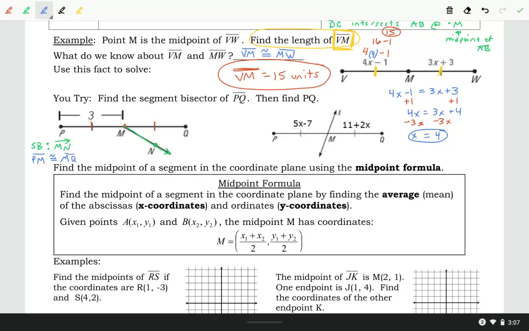So we know that if PM is 3, MQ is also 3. Now, it asks us to find PQ. So if PM is 3 and MQ is 3, then PQ is equal to 3 plus 3, which is 6 units.